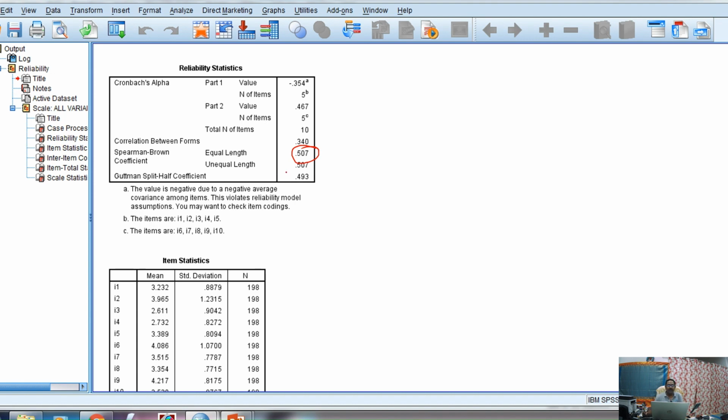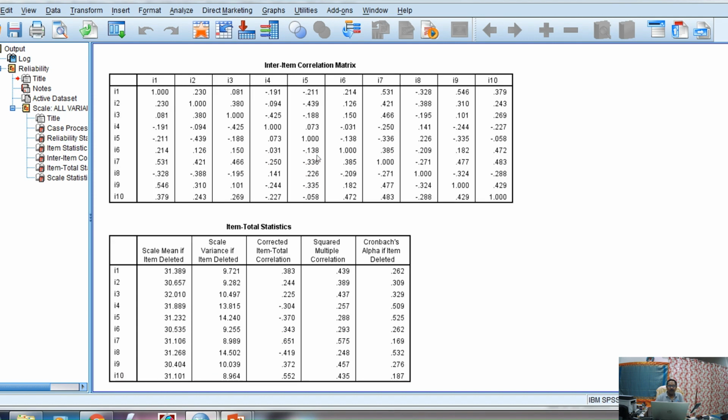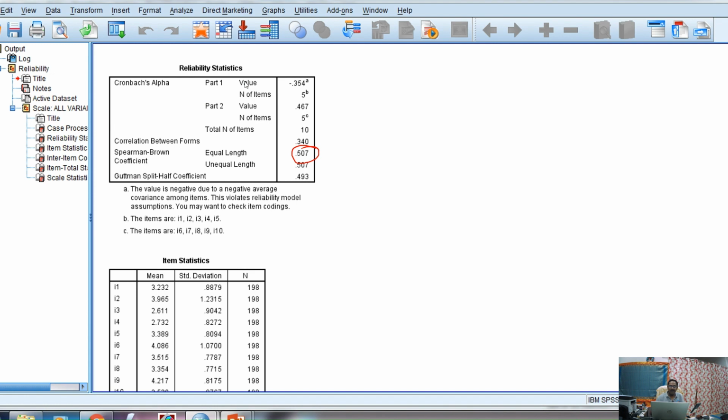Then from statistics, the inter-item correlation shows among all the items: item 1 with item 2, item 3, etc., likewise item 2 with 1, 3, etc. The second output is the descriptive statistics given for the 198 sample: mean, standard deviation, and N.